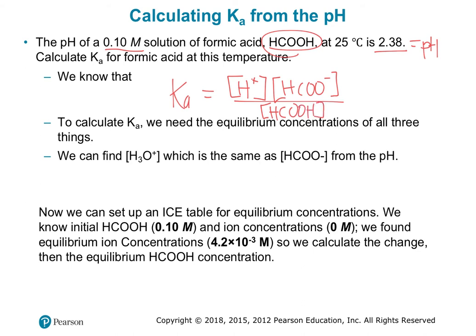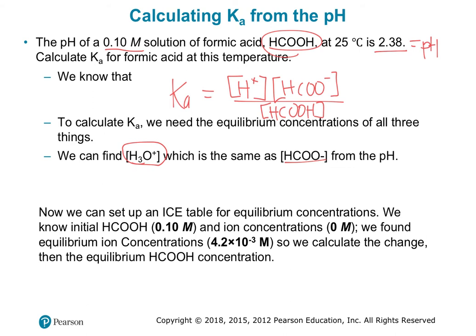To calculate this, we need to know the equilibrium concentrations. From the pH, we can know the hydronium concentration, and that will be the same as the conjugate base because they dissociate at the same rate, since the coefficients are 1-to-1.